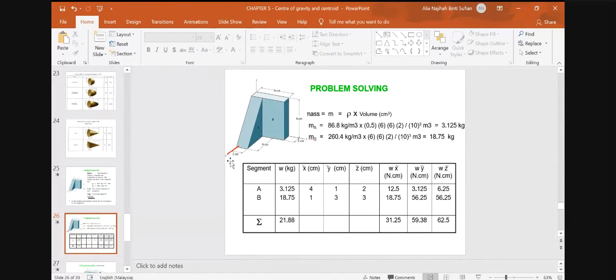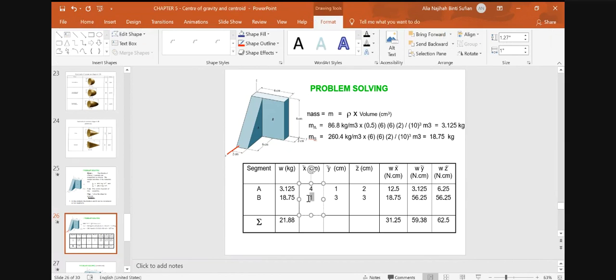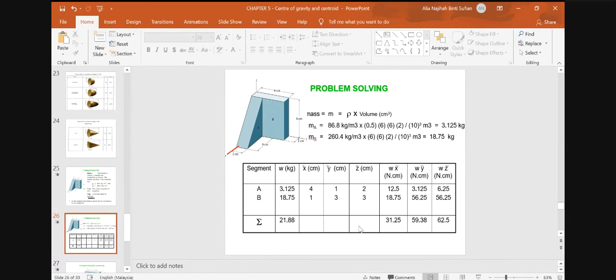This is the x-axis. The width of B is 2 centimeter in the x-axis, that means the centroid is at 1. 2 divided by 2, we take the center, it becomes 1. That's why we have 1 here. Meanwhile, this is the y-axis.